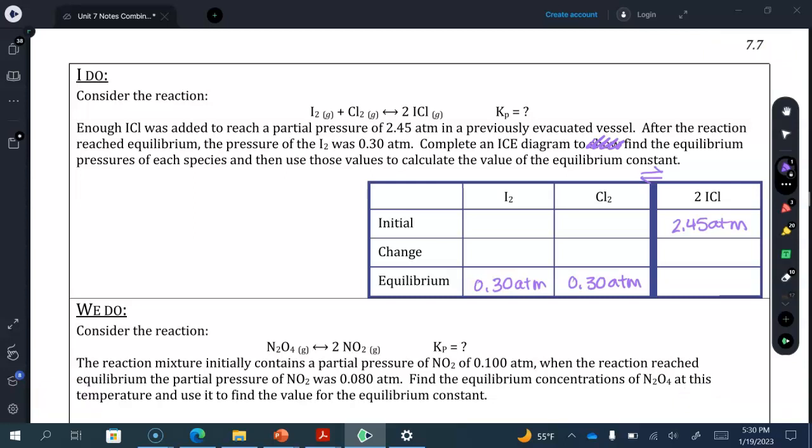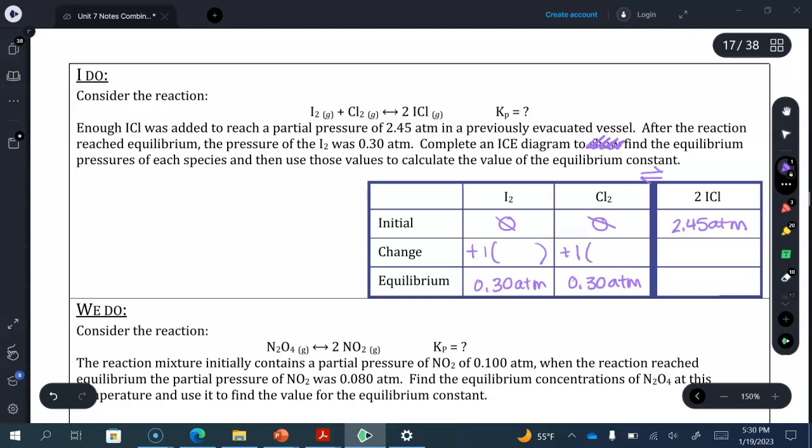So whatever I make of one, I have to make of the other. I also know that this is 0 at the beginning, and since I'm shifting towards the reactants, I'm going to make reactants, so plus their coefficient times whatever change value. And then for the product, ICl, it has a 2, so I bring the 2 down, so the coefficient times the change value.